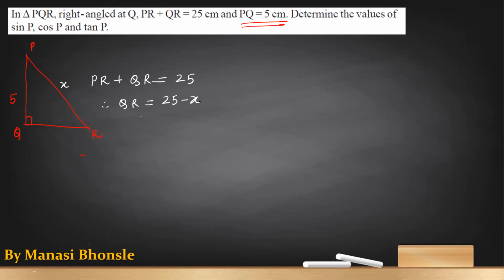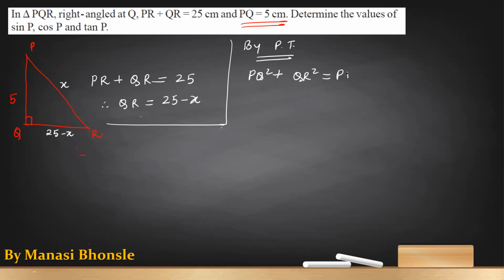Now let us put all these things in Pythagoras, because we know we are going to apply the Pythagoras theorem. So by Pythagoras, we know that PQ square plus QR square is going to be PR square, and let us find out the value of X in that case.